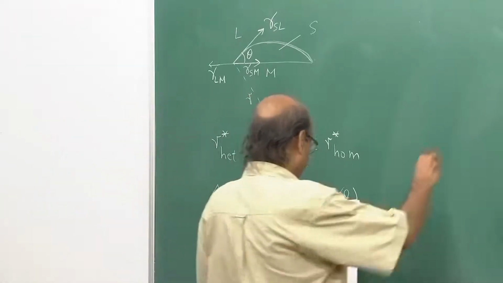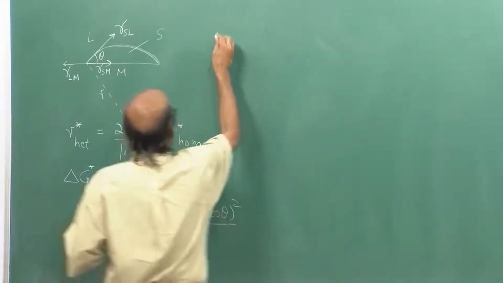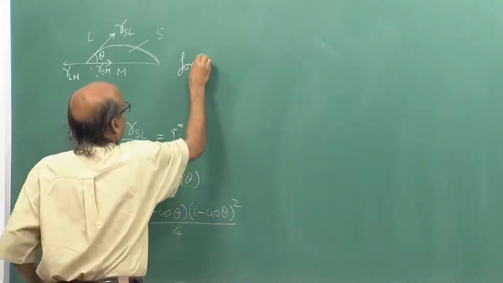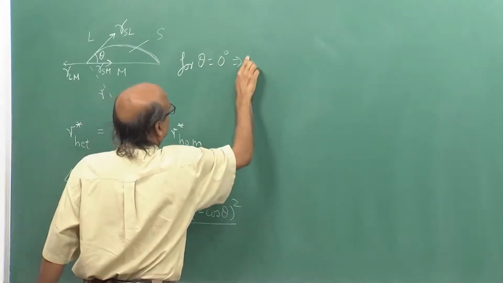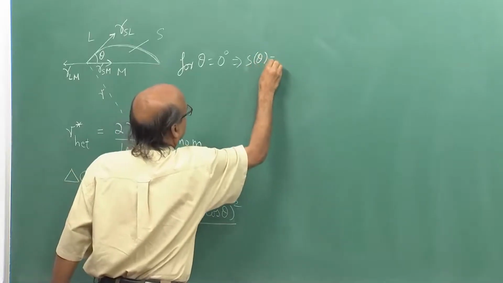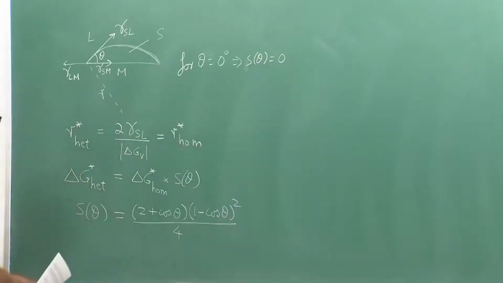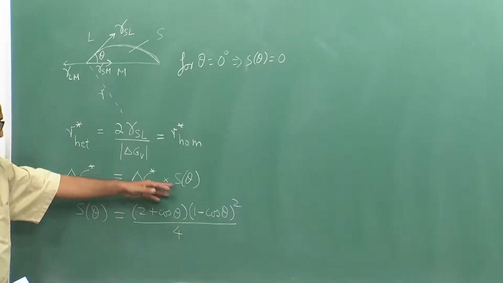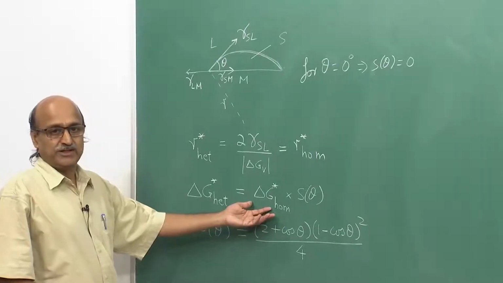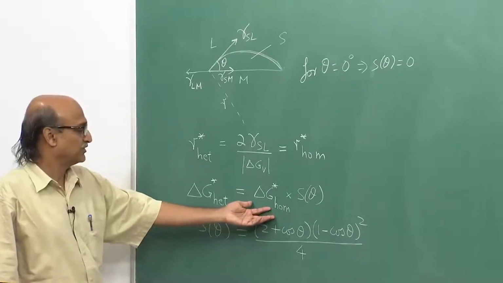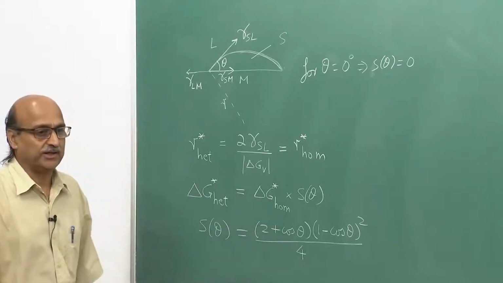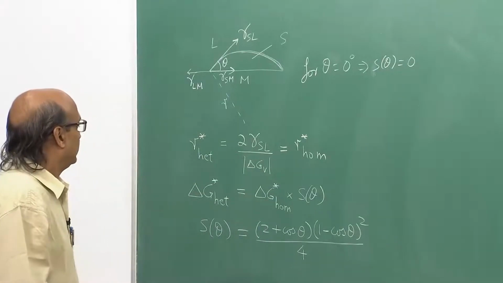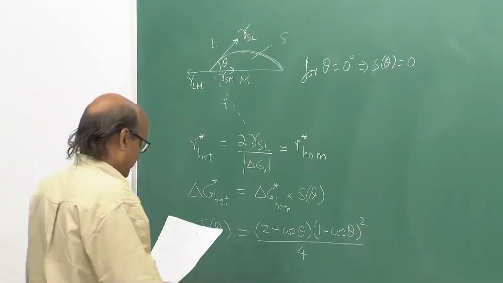For example, for theta equal to 0 degrees, S theta is equal to 0. What this means is that the barrier completely disappears. There is no energy hill required and nucleation would occur very easily.